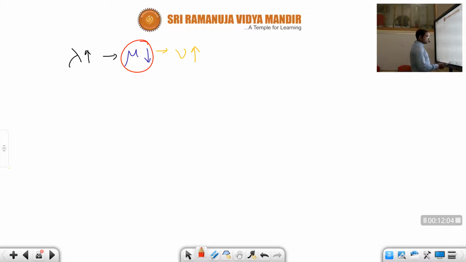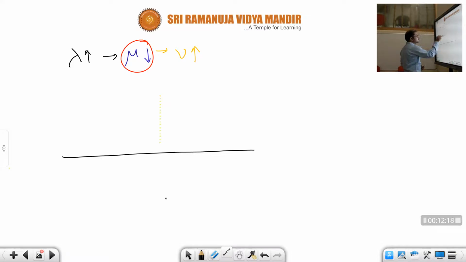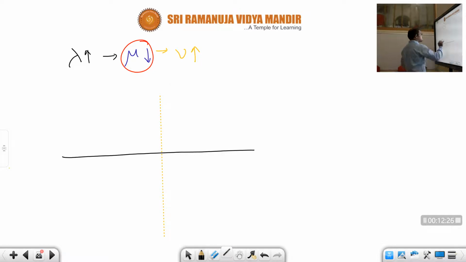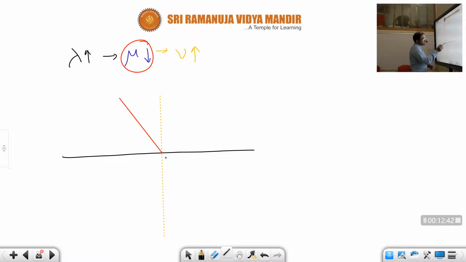So children, let us have a look at the application of Snell's law. I am taking a boundary and here I am taking a normal. Here it is the incident light, and this one is the refracted light.